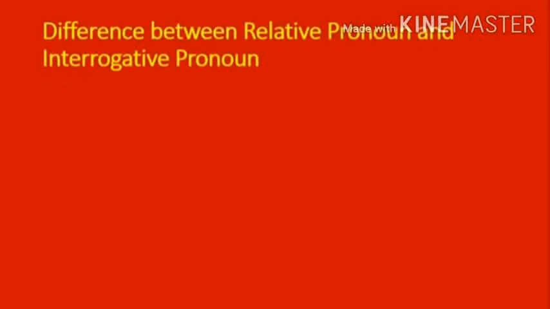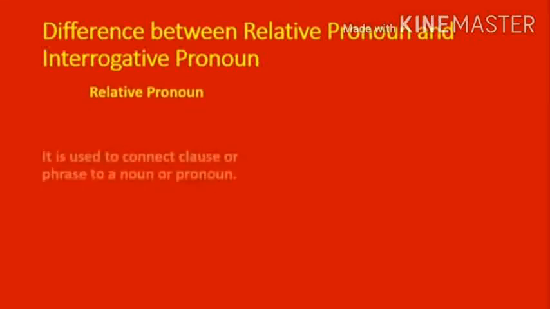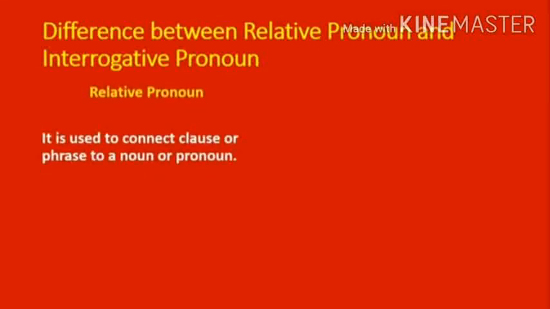Now, what is the difference between relative pronoun and interrogative pronoun? Because both examples of pronouns are the same. Interrogative and relative pronouns are the same, but the way we use them in the sentence is entirely different. Now we shall see how the relative pronouns are different from interrogative pronouns. A relative pronoun is used to connect a clause or phrase to a noun or pronoun.